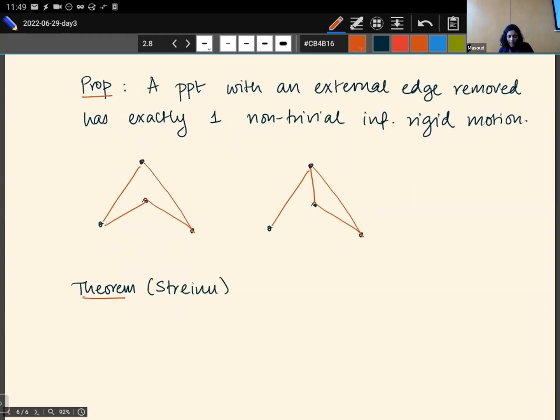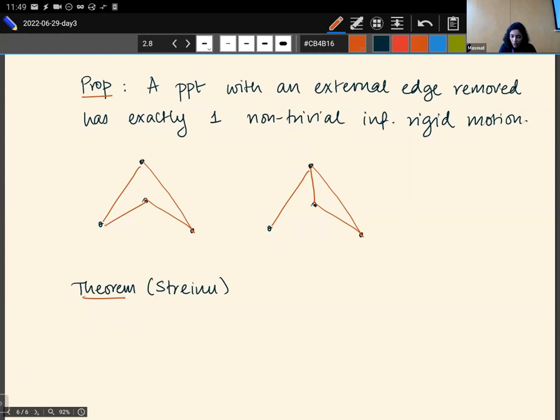So not only is it the case that it has one non-trivial infinitesimal rigid motion, but if you think about the rigid motions that this kind of framework has, a PPT minus an outside edge, the motion expands all the distances. It's not only an infinitesimally rigid thing, but it's not contracting any distance.